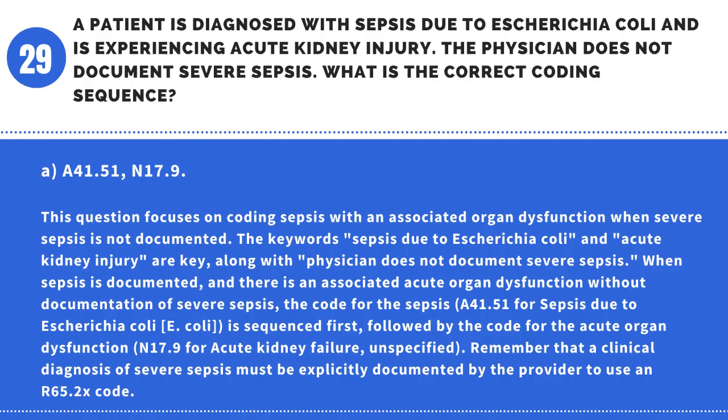When sepsis is documented, and there is an associated acute organ dysfunction without documentation of severe sepsis, the code for the sepsis, A41.51 for sepsis due to Escherichia coli, is sequenced first, followed by the code for the acute organ dysfunction, N17.9 for acute kidney failure, unspecified. Remember that a clinical diagnosis of severe sepsis must be explicitly documented by the provider to use an R65.2X code.